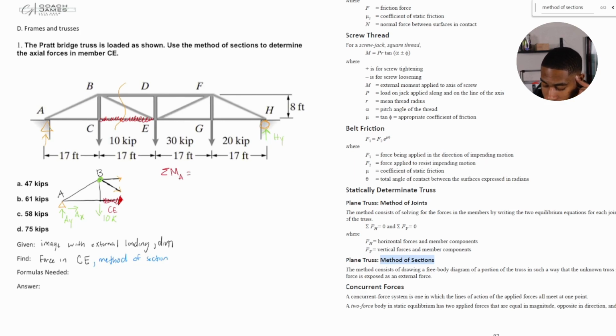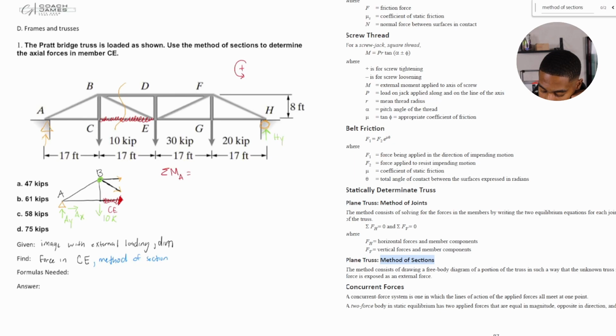Sum of the moment at A is, first of all, your first force, which is 10. Was that 10 a positive or a negative? Well, I'm saying that anything that is counterclockwise is positive.